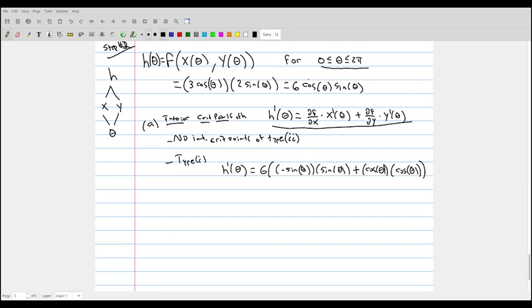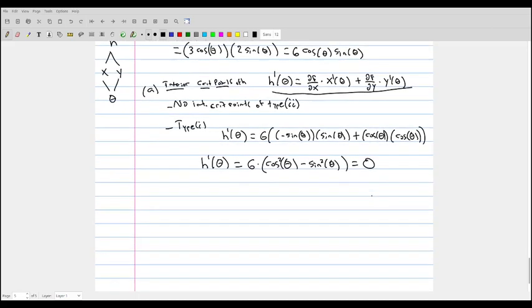This is the product rule applied to this function right here. So h prime of theta is going to be equal to 6 times cosine squared of theta minus sine squared of theta. And this is a critical point of type 1 that we're solving for, so we set this equal to 0.